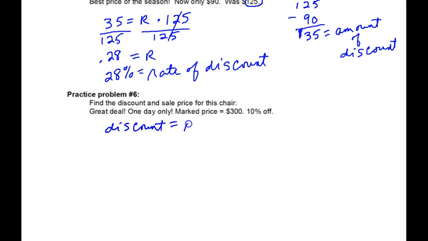It equals the rate multiplied by the original price. It's 10% off. 10% equals 0.10. If I take my decimal 2 spots to the left out of percent, I can write 0.10 or just 0.1. Either one of those is okay.